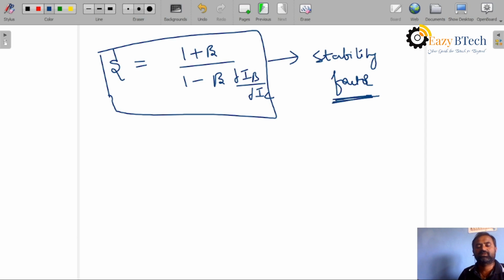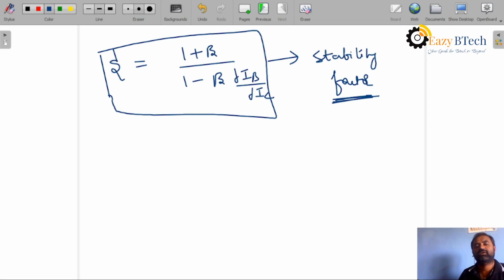Okay students, in today's lecture we discussed the instability of the collector current, how the collector current becomes unstable, and how the transistor moves from one region to another. We have derived the stability factor.